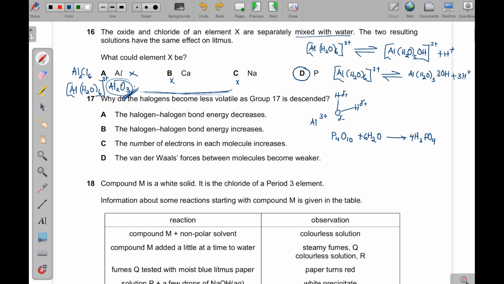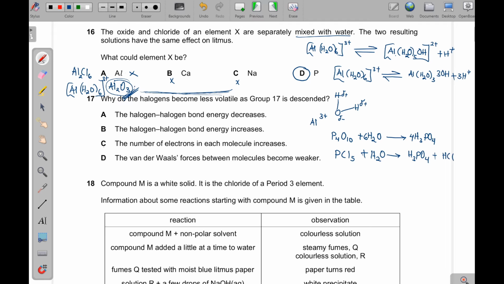So this one is an acid, so it will turn blue litmus red. Then we also go to phosphorus pentachloride, because they say the chloride of an X. When we add water, a hydrolysis reaction takes place here. So you will get again phosphoric acid, plus HCl.